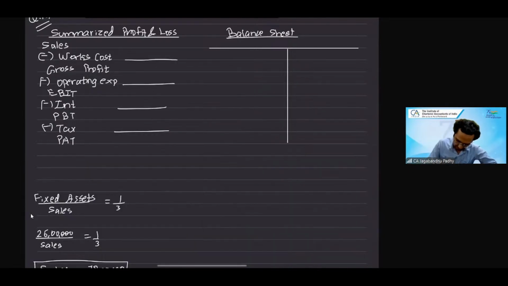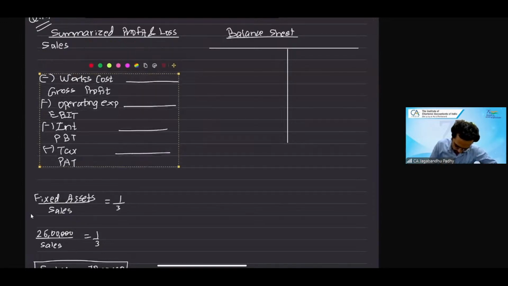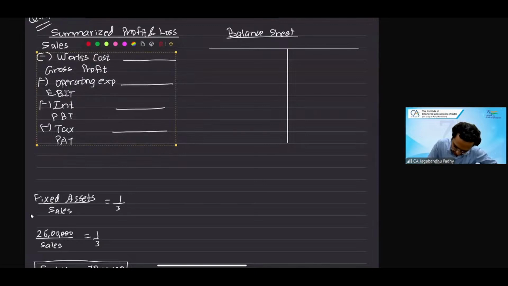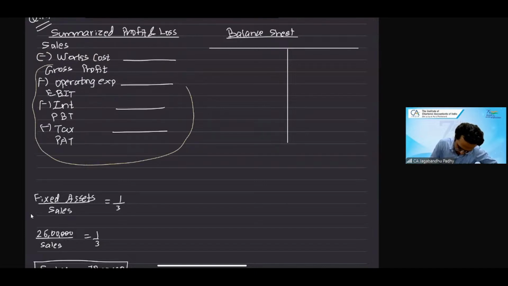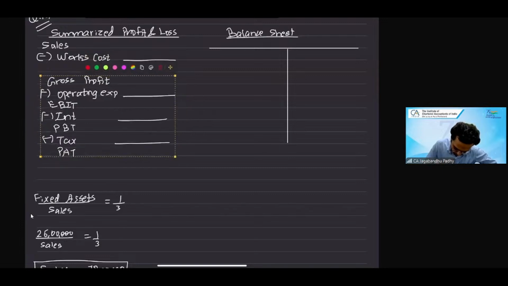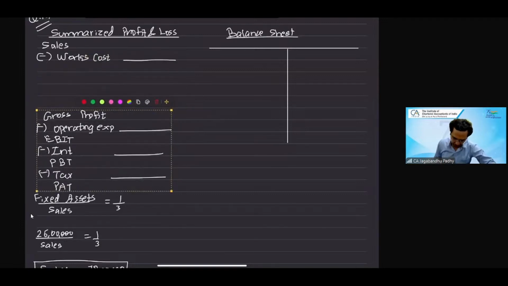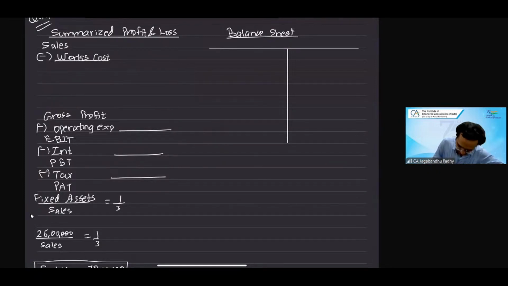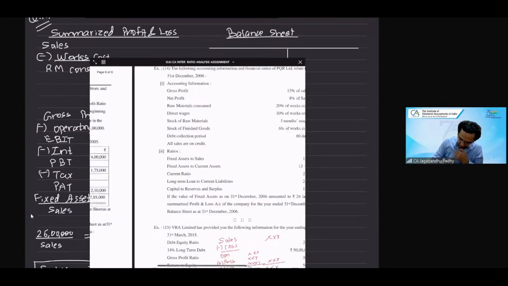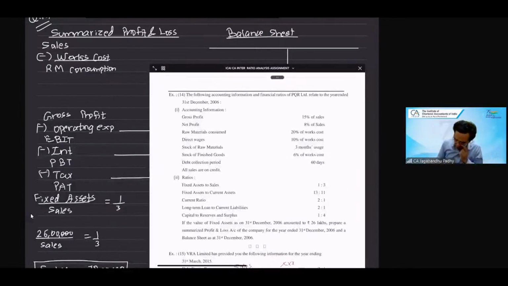So again, my summarized P&L is going to further get expanded. Okay, because we have this works cost available with us. So of course, a lot of other things need to be calculated here. Like from sales, we are going to subtract the works cost. Subtracting works cost will be like raw material consumption, right? And we have information about wages also.